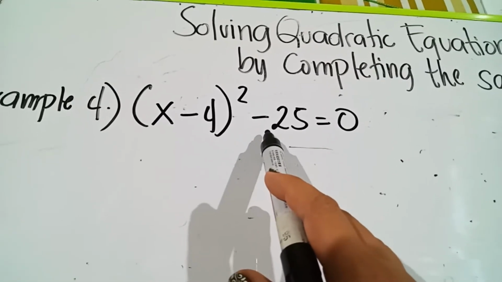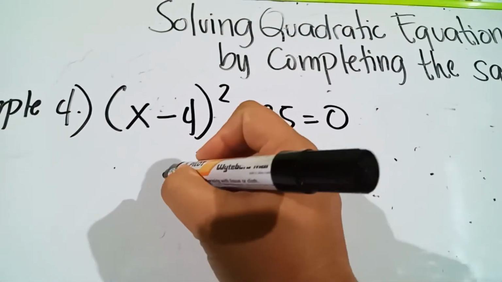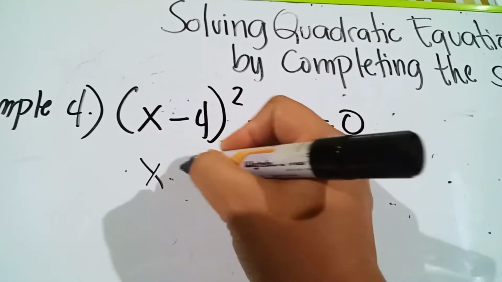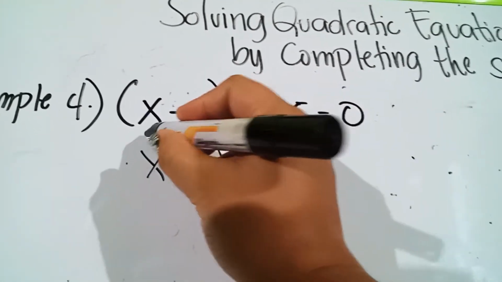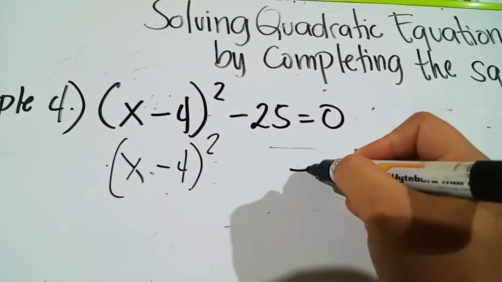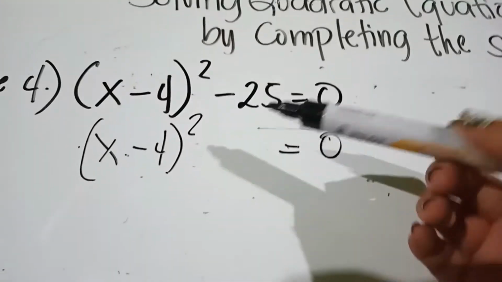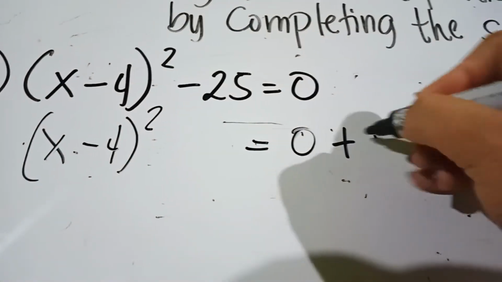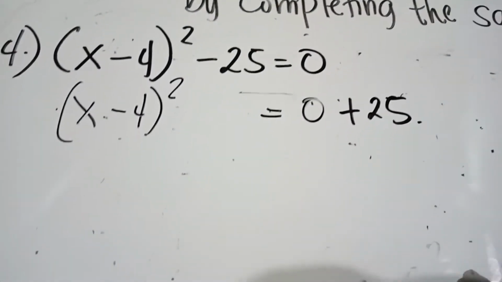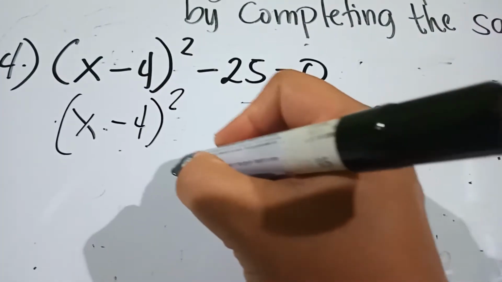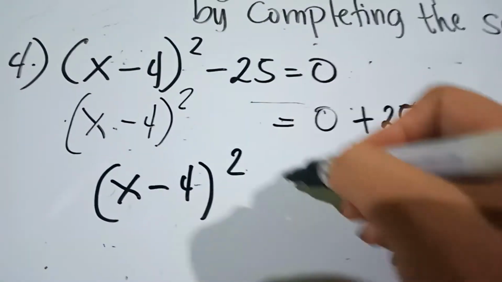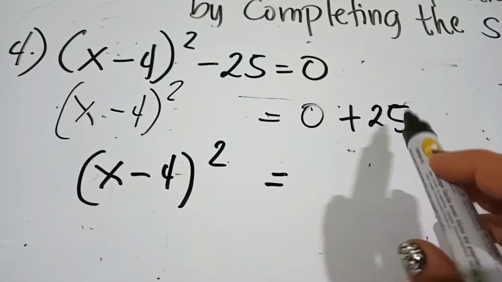So, ang gagawin natin, itatransfer natin yan, maiiwan to, copy mo lang yan, magiging x minus 4 squared is equal to 0. So, dadaan po ng equal sign si 25, so magiging plus 25. And then, copy mo lang yan, you have x minus 4 squared is equal to 0 plus 25.